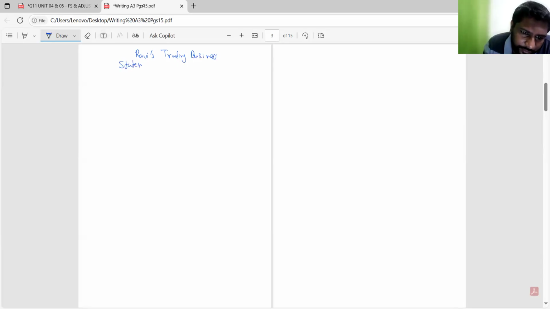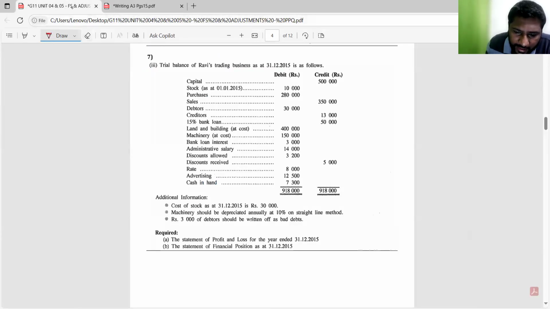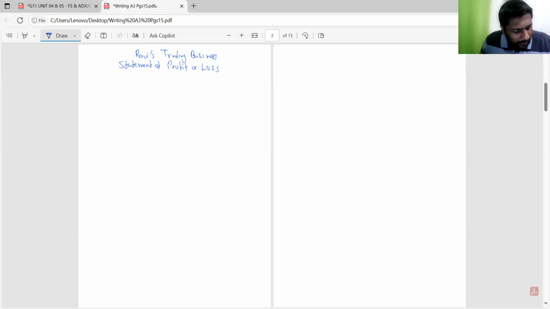Statement of profit or loss for the year ended 31st December 2015. For the year ended 31st December 2015.